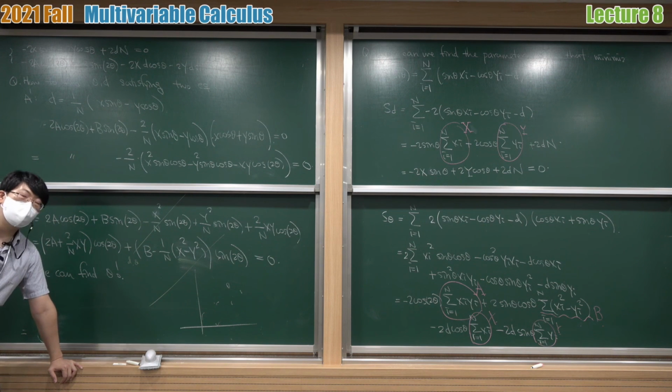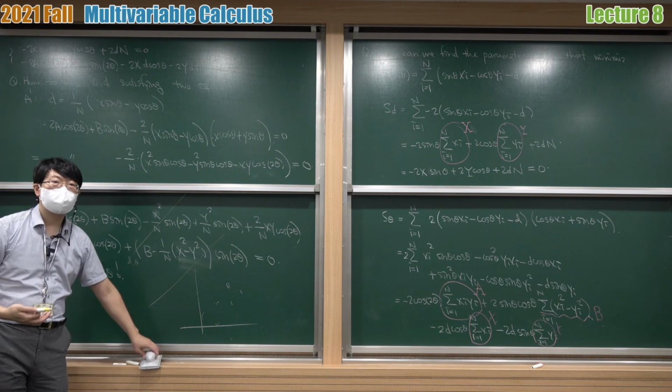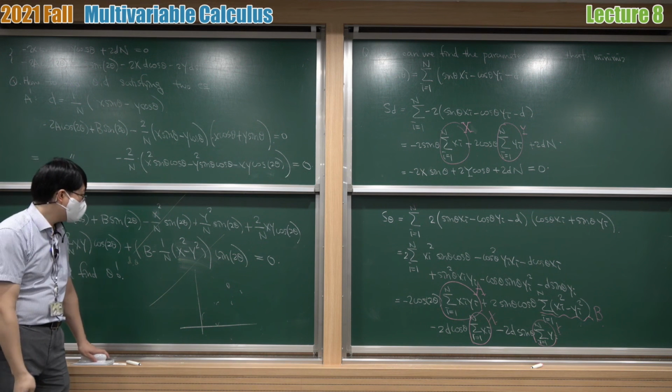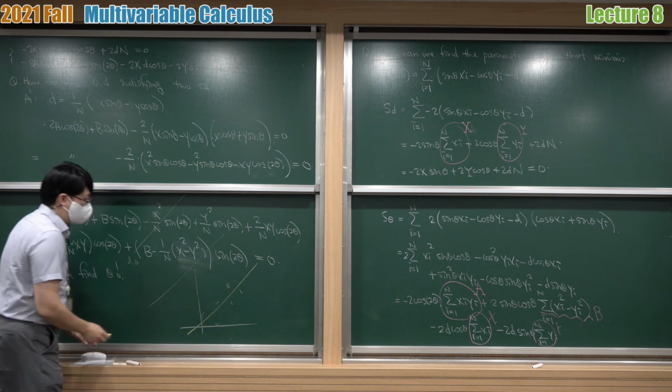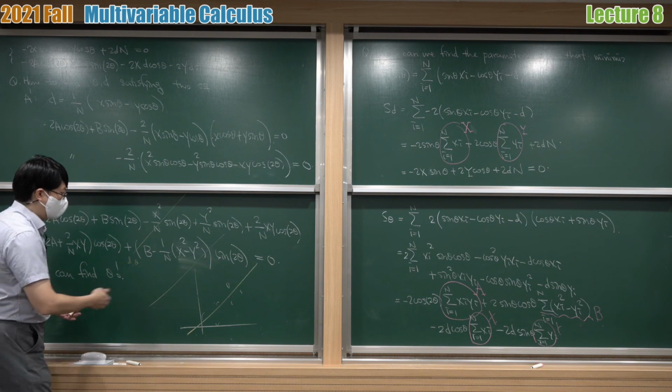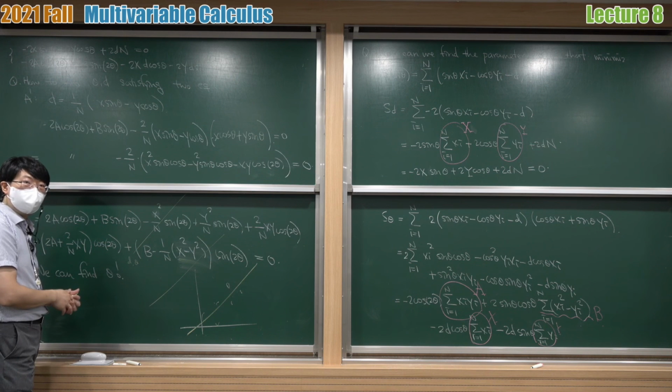Does it have to be large or does it have to be small if your line is far away from the data? Larger, right? So if you move your d and theta from where you found its extremal, it should be larger and larger if you deviate more and more, right?